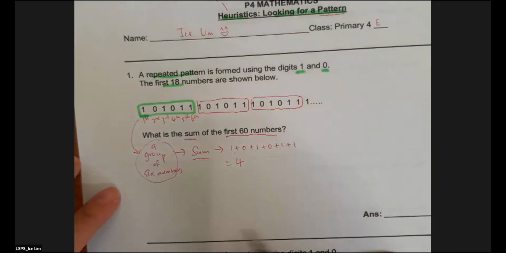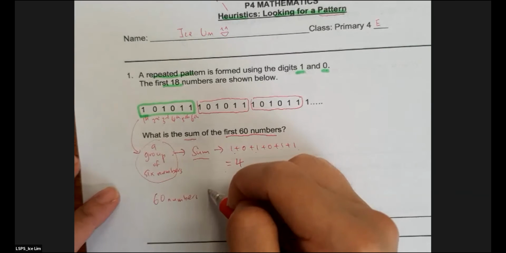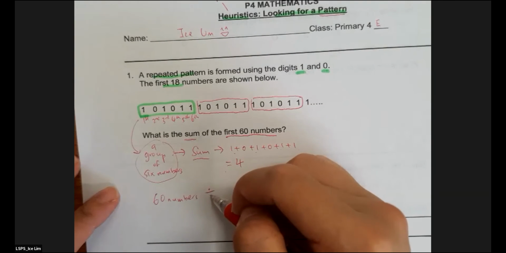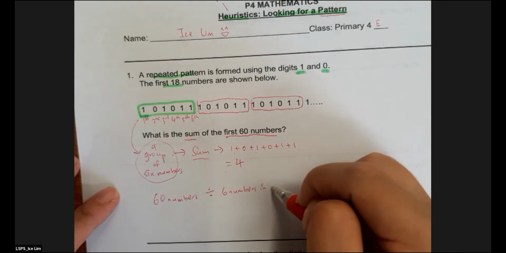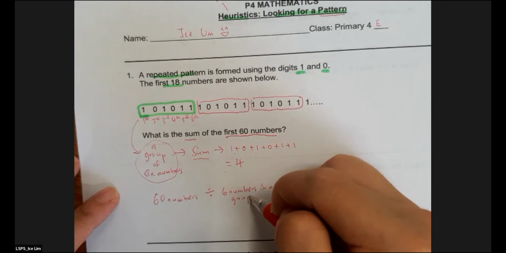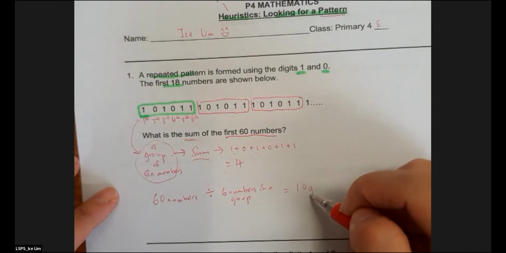Now it says there are 60 numbers, divided by 6 numbers in a group. Right? And then you get 10 groups.